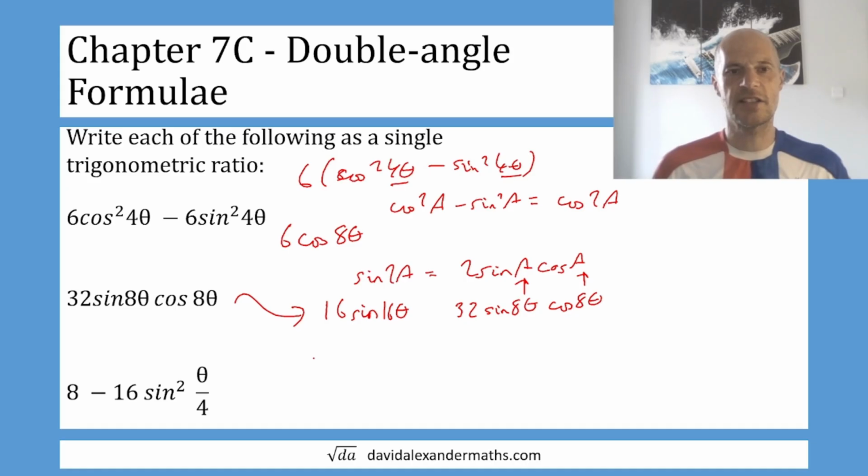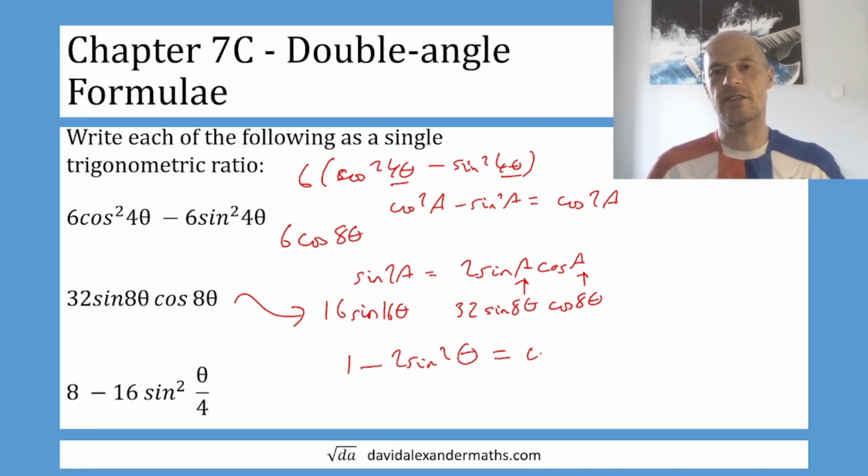Okay, so this last example looks a little bit on the tricky side, but hopefully we can see that this comes from the cos squared minus sine squared. So here we know that 1 minus 2 sine squared theta is the same as the cos of 2 theta. Now we've got 8 minus 16 sine squared theta over 4.